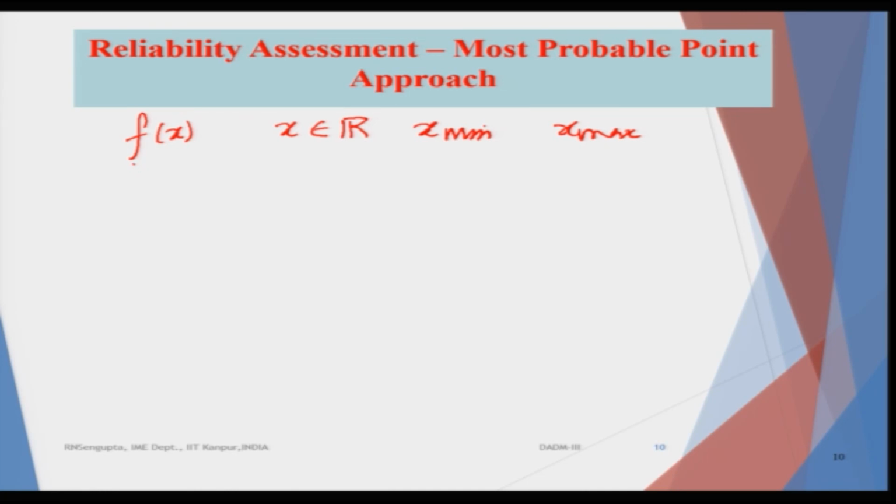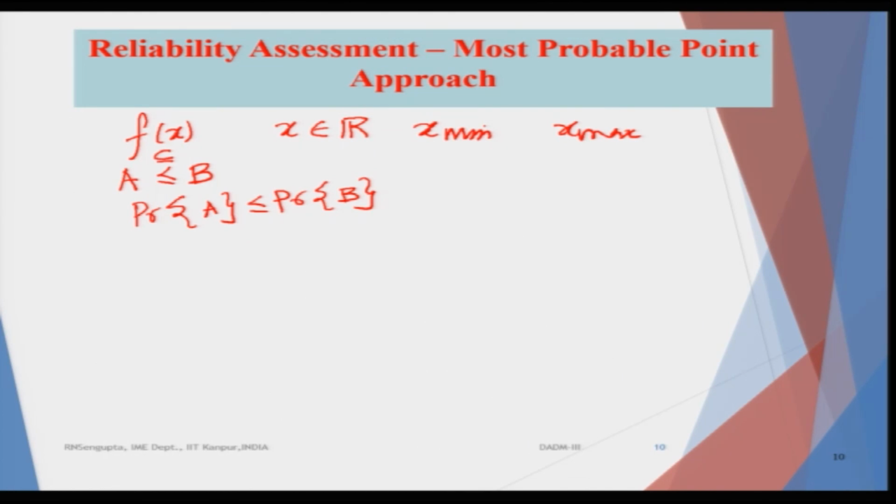All 4 properties of the CDF should hold. If you remember, I covered these 4 properties in DADM 1. If A is a subset of B, where A and B are events consisting of some of the values of x's, then the probability of A is less than or equal to that of B, which means this is a monotonically increasing function.